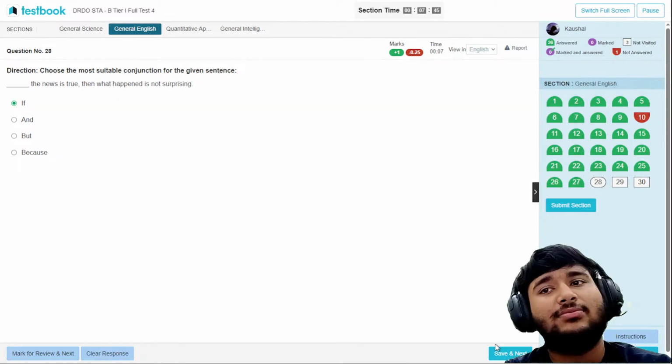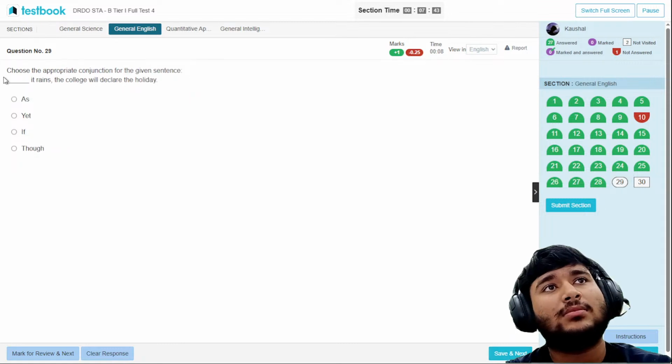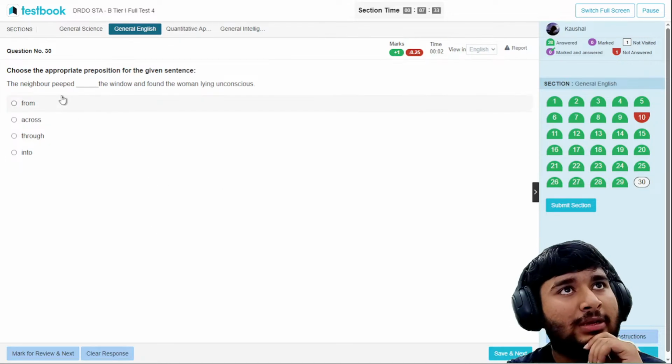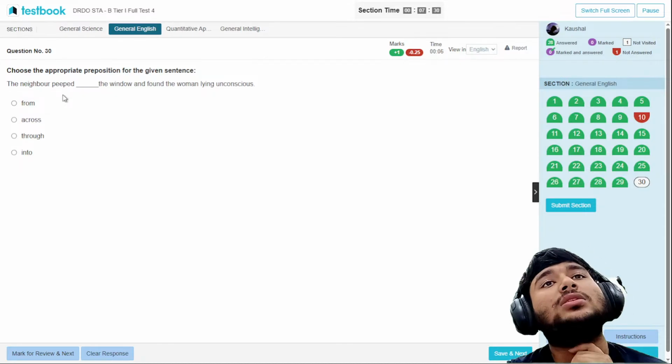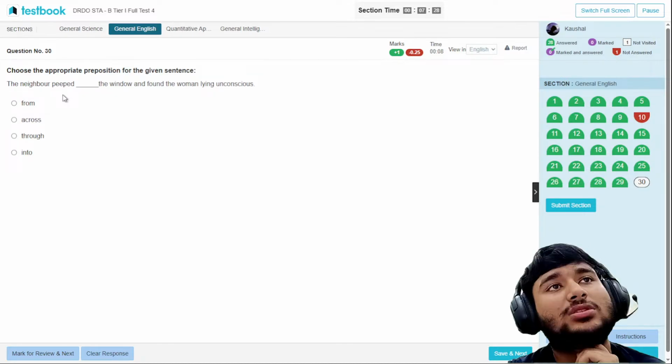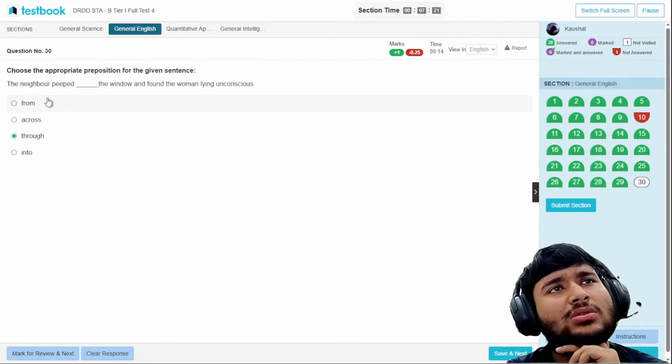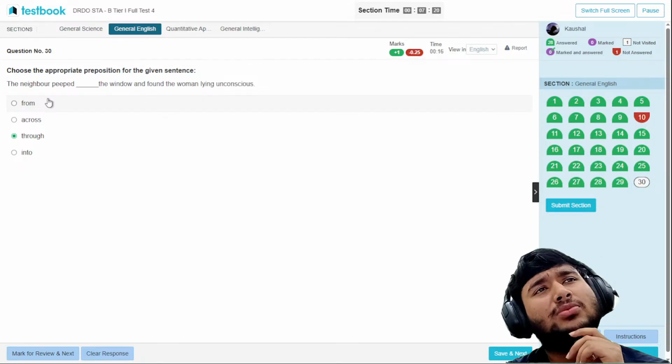If it rains, the college will declare a holiday. If it rains, conditional simple. The neighbor peeped through the windows and found a woman lying unconscious. Peeped through the window.